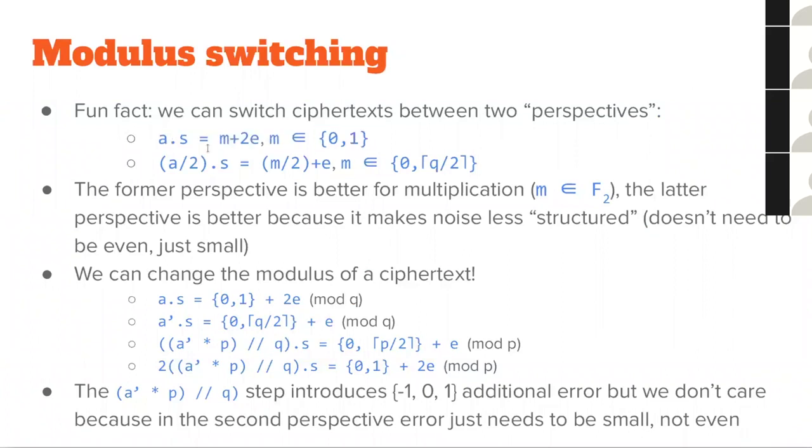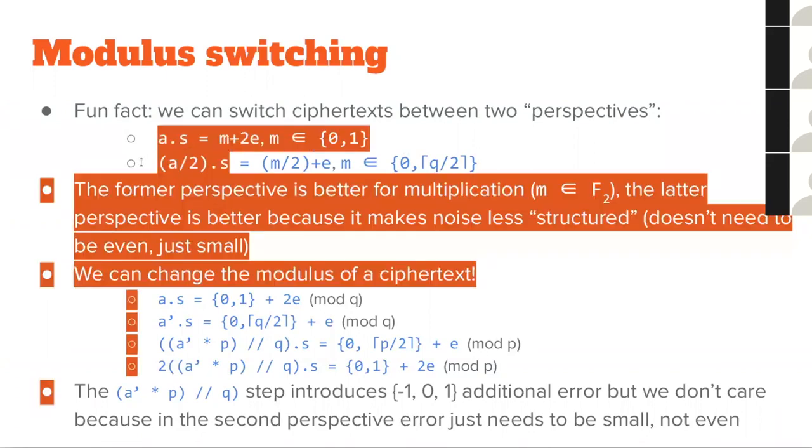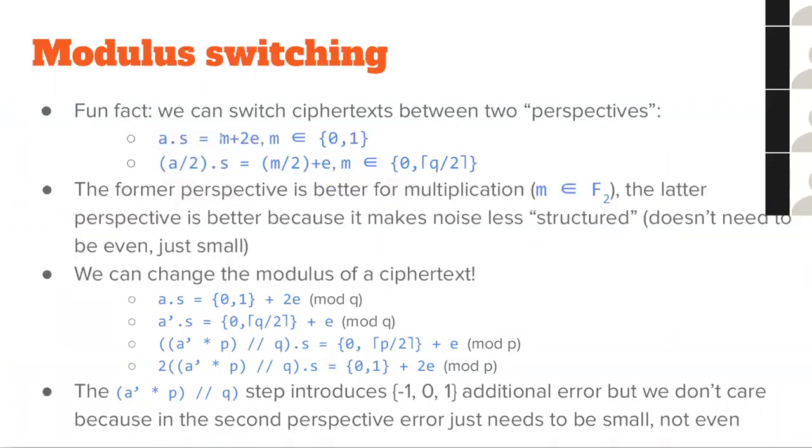Now, if you modular divide A by 2, all mod Q, then A divided by 2 dot producted with S gives you M over 2 plus E. So 2E becomes E, and your small even error becomes a small error that doesn't have to be even.